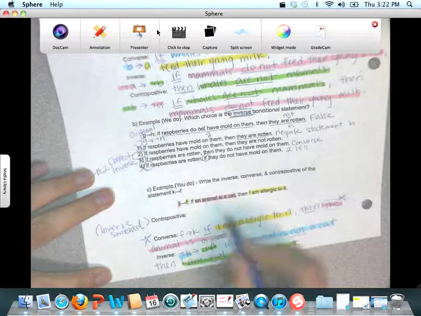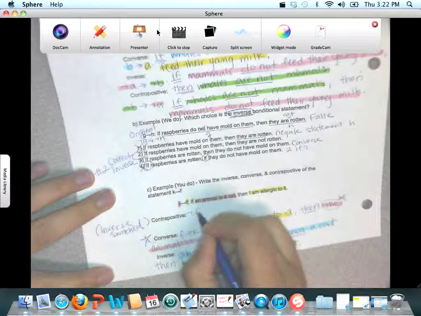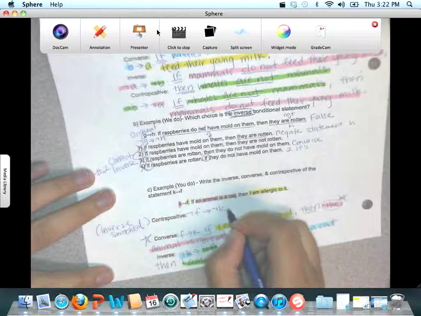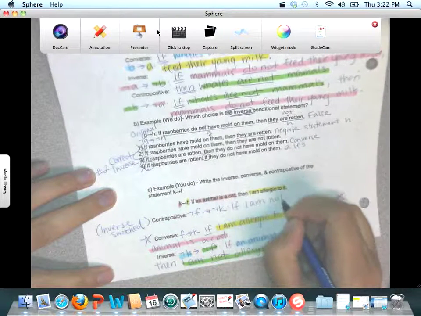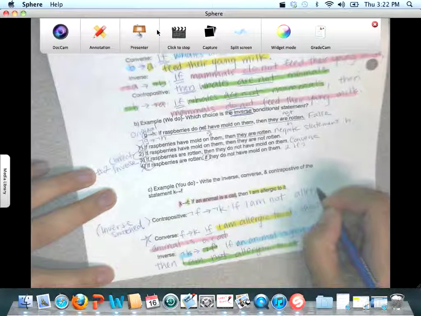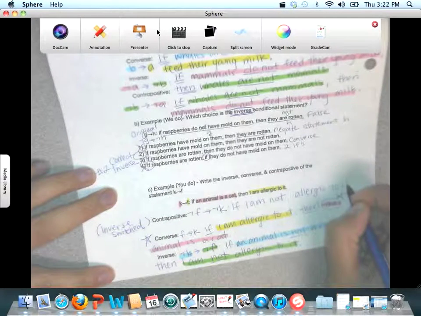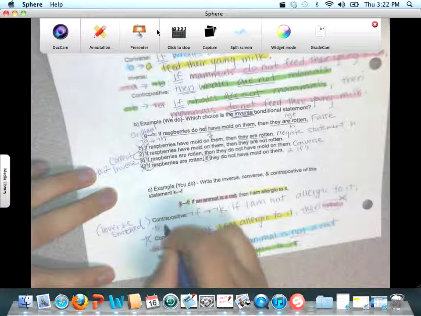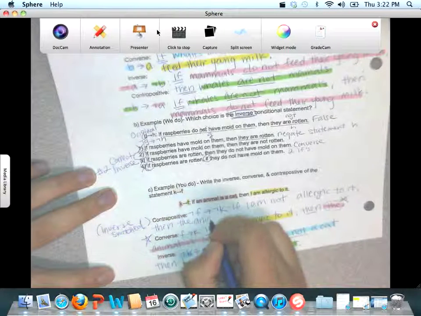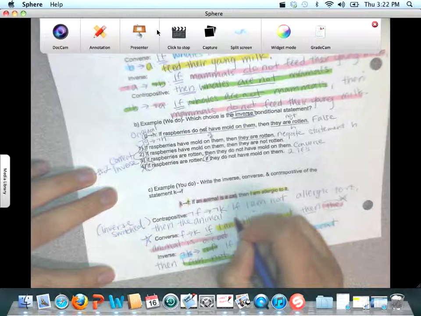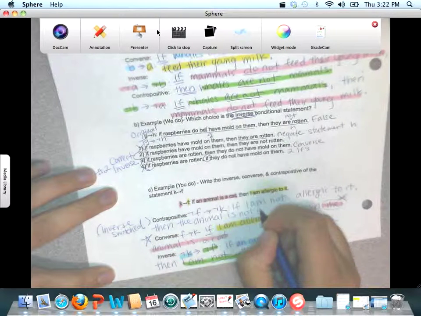So all I'm going to do is say if not F, then not K. So if I am not allergic to it, then the animal is not a cat.